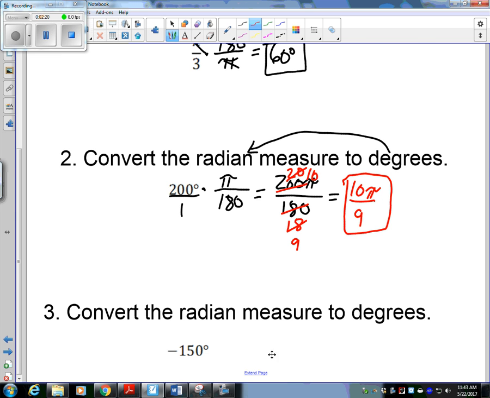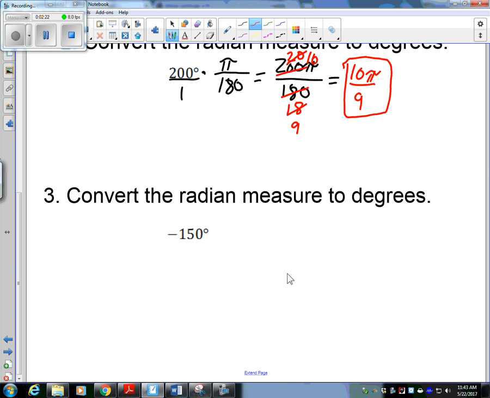And then we have convert a radian measure to degrees. So now it's negative. Not really a big deal. When it's negative, you're going to do the exact same thing. Negative degrees, instead of measuring degrees from the x-axis to positive x going counterclockwise, we just go clockwise, and that's how you get a negative degree measure.